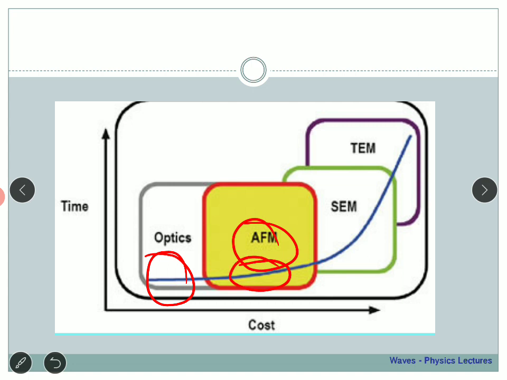But then when we go from optics to something like electron microscopy, the source changes from visible light to what we call electron. So when we go into something like scanning electron microscopy, the cost as well as the time is high, right? And then we go for transmission electron microscopy, the cost and time is even higher.